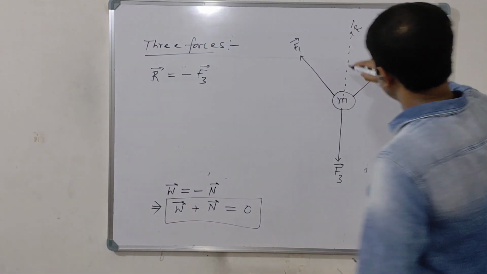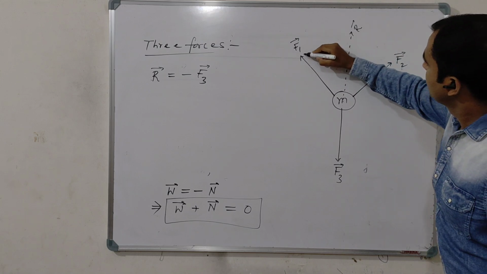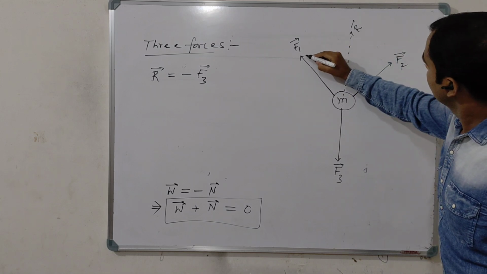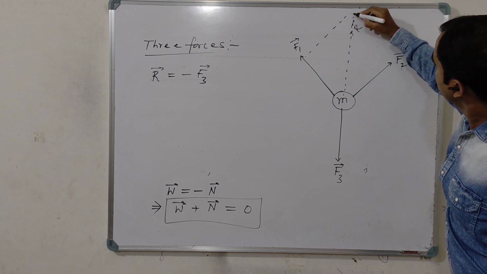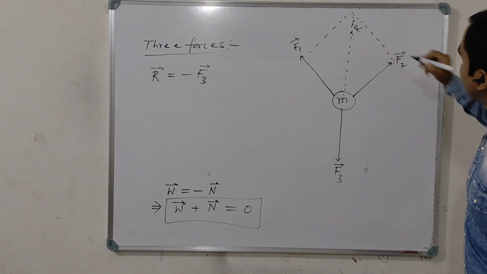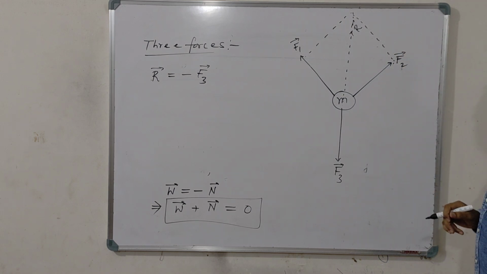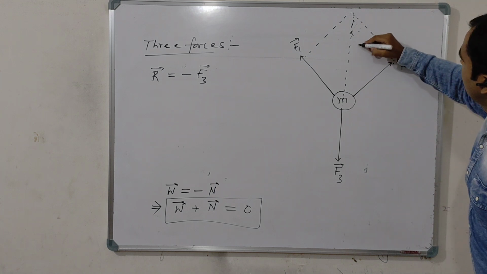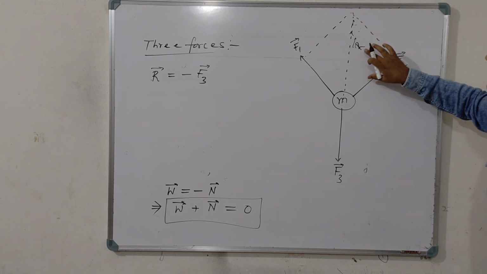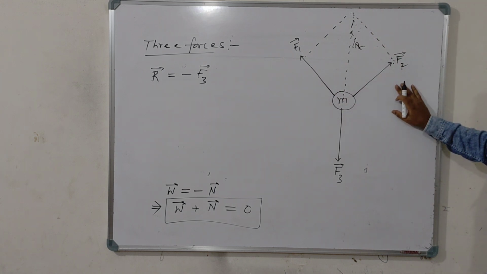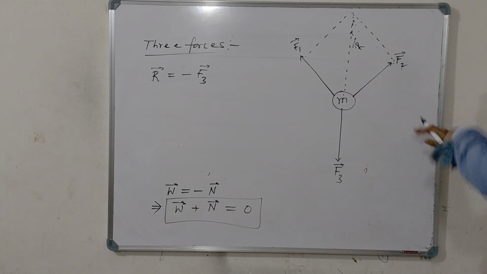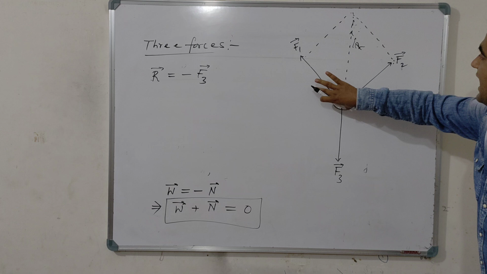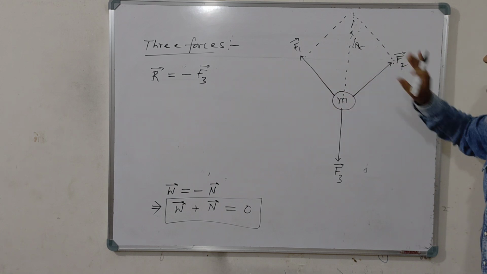Now, if we further conclude it to be a case of a parallelogram, then R vector is the diagonal of that parallelogram. F1 vector and F2 vector are two vectors and they are adjacent sides of a parallelogram.